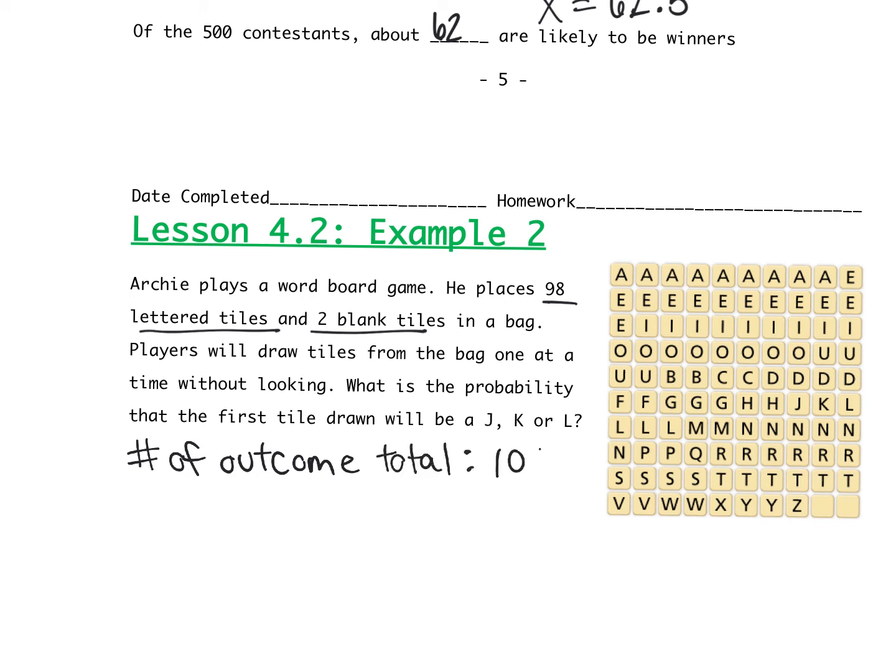And we need to figure out how many are J, how many are K, and how many are L. If we go look, and I'm going to use my highlighter, we have J, K, L here, and then we have 3 L's here. That makes a total of 6. So the number of favorable outcomes would be 6.